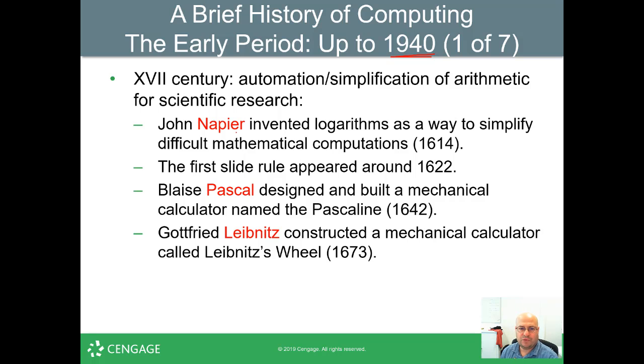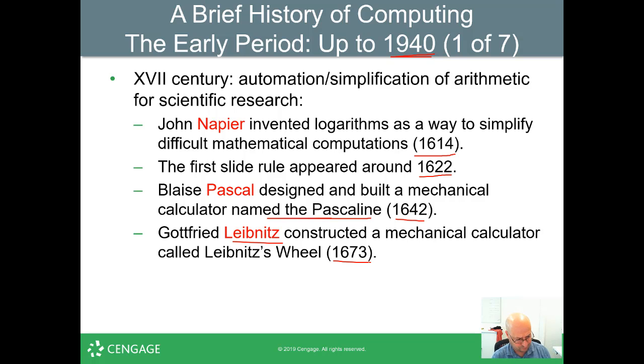John Napier invented logarithms as a way to simplify difficult mathematical computations in 1614. The first slide rule appeared around 1622. Blaise Pascal designed and built a mechanical calculator named Pascaline in 1642. And Leibniz constructed a mechanical calculator called Leibniz wheel in 1643.